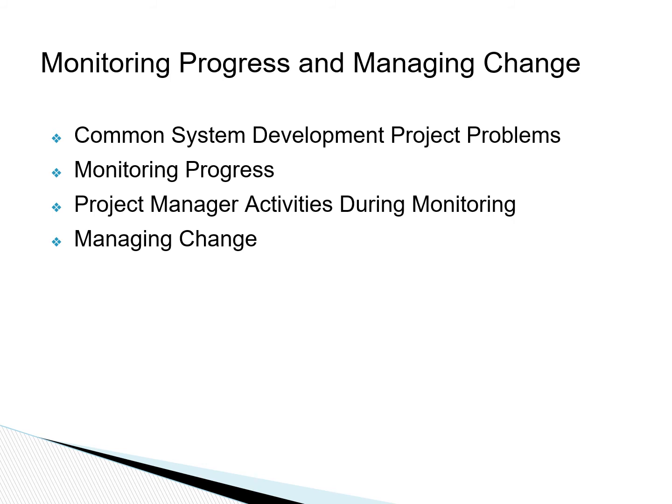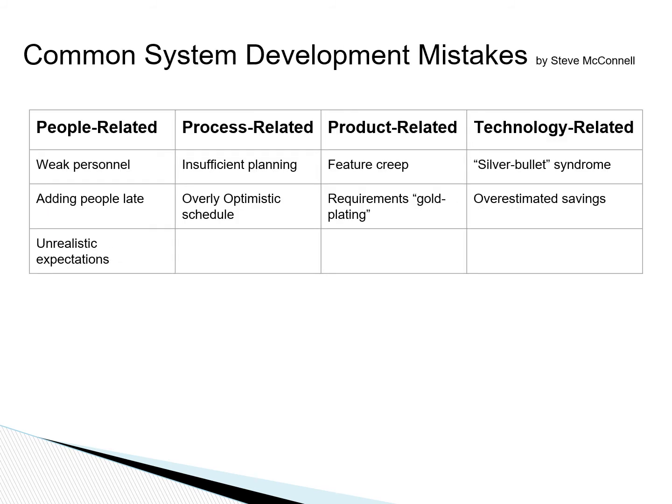During execution, the project manager also needs to monitor progress by comparing actual outcomes versus what was planned and make changes that are required. There are many factors that can cause changes during execution and cause the project to deviate from its plans.